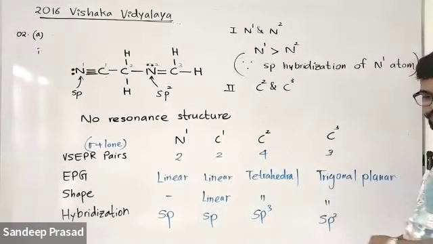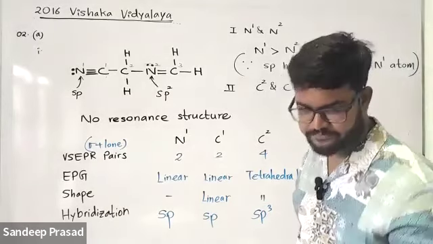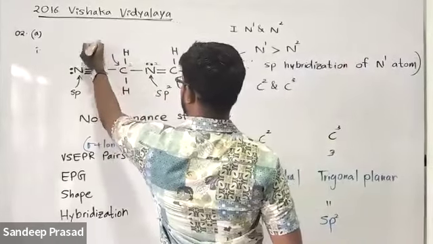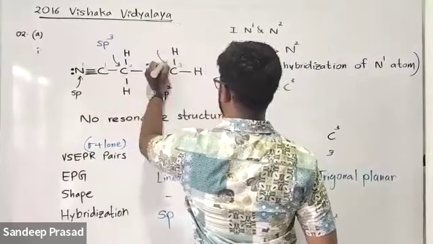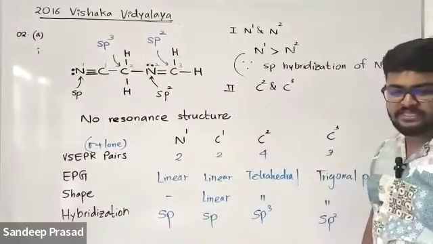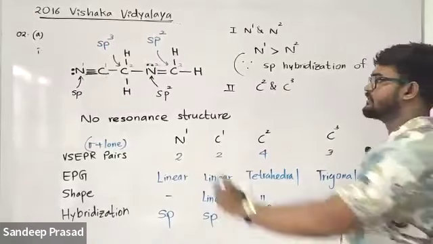Second one and third one. What do you think? For the second one, we know that hybridization is sp3, and here hybridization is sp2. Again, tell me which carbon atom has the highest electronegativity according to the hybridization? sp2.